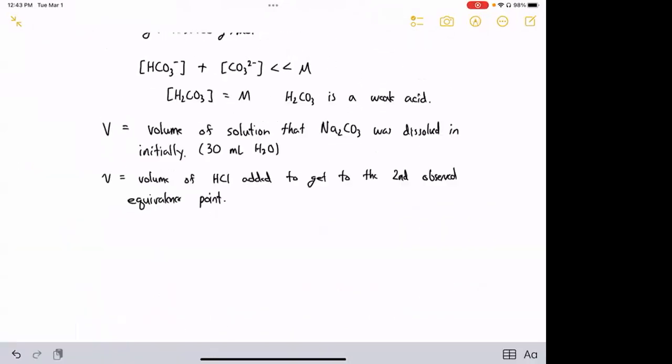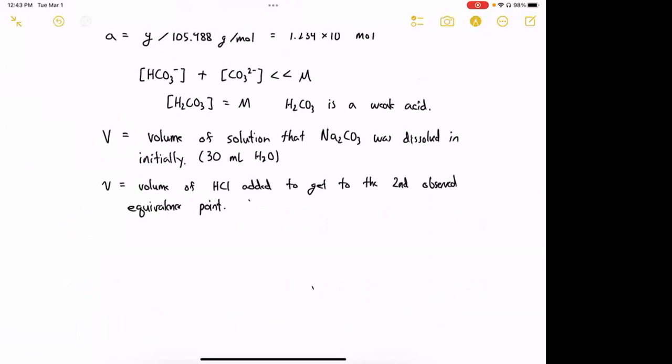So that's what we did to get to the second equivalence point in our titration. All right.